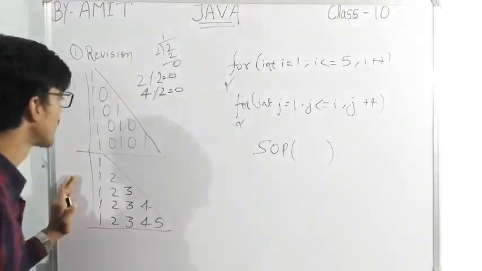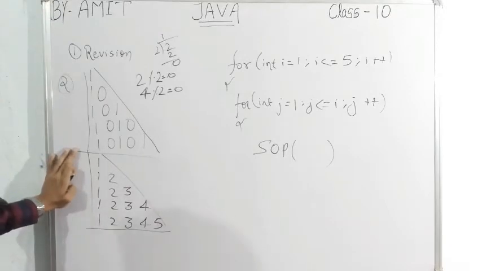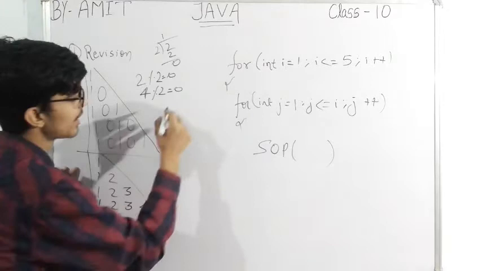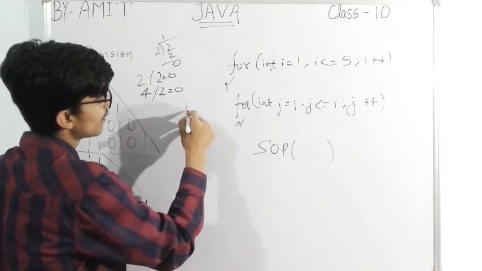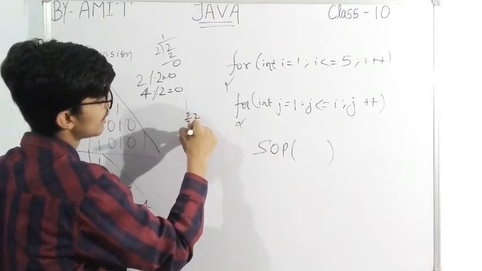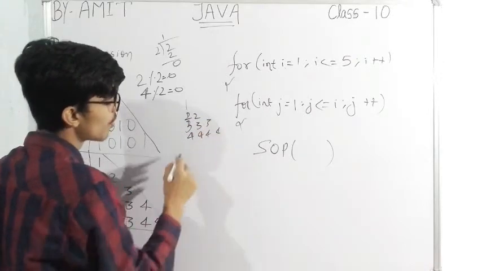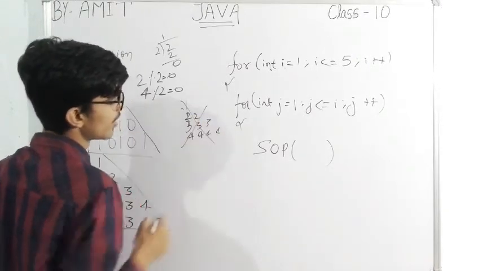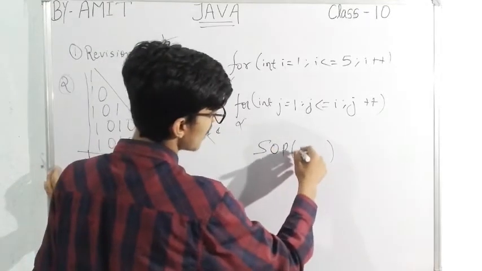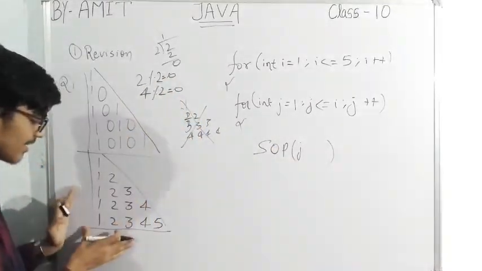What will we print here? We have to think. If we print i here, what will happen? It will come like 1, 2, 2, 3, 3, 3, so we don't want this. So we'll print j.